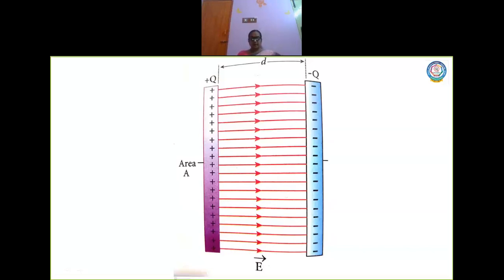Now I am going to find out what is the capacitance of this parallel plate capacitor. As you all know, the electric field between the two infinite parallel plates is given by the formula we discussed: E is equal to sigma by epsilon naught. What is sigma? Sigma is nothing but surface charge density.